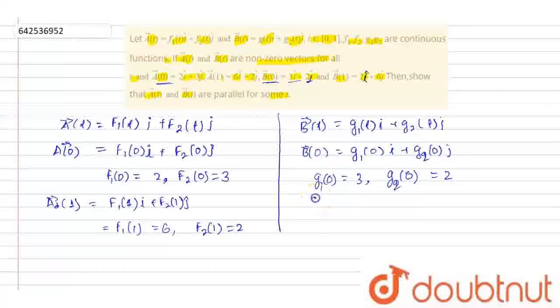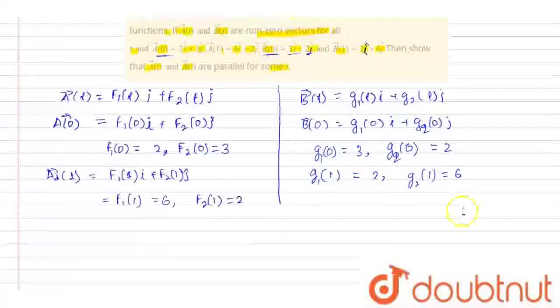Now similarly, g1(1) is 2 and g2(1) is 6. So this is the form.